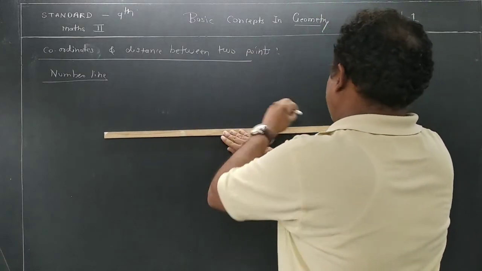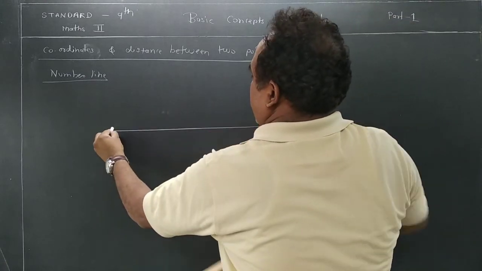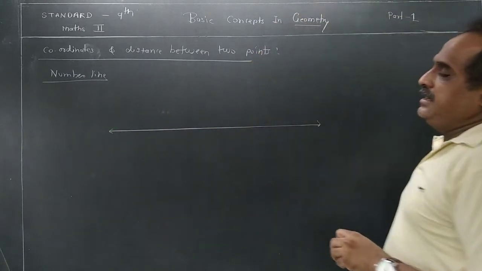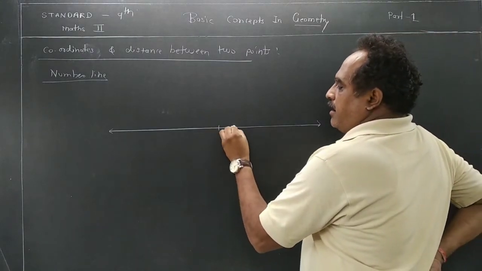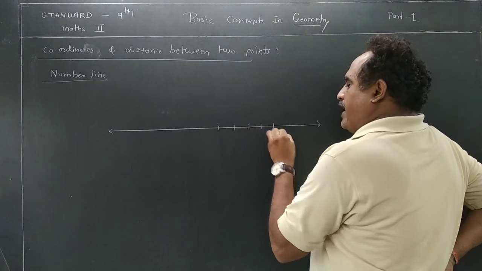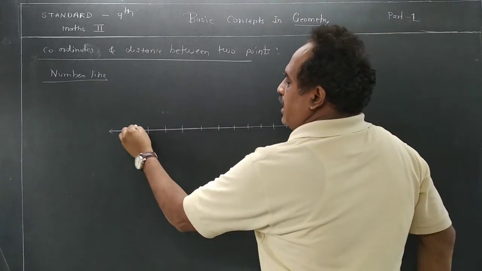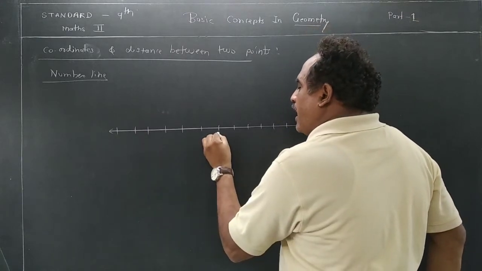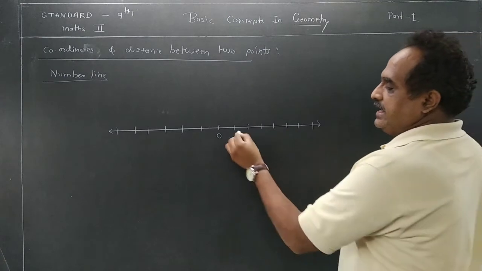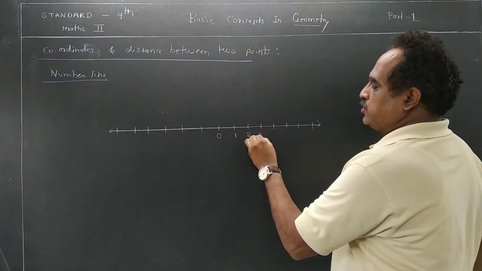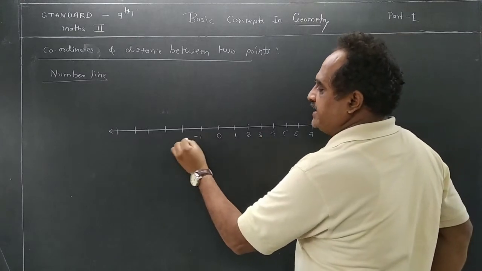A number line is a straight line, and on that number line we are going to take points at fixed distance, and we are going to associate them with some definite numbers, like 0 is there, 1, 2, 3, 4, 5, 6, 7. On that side is negative.